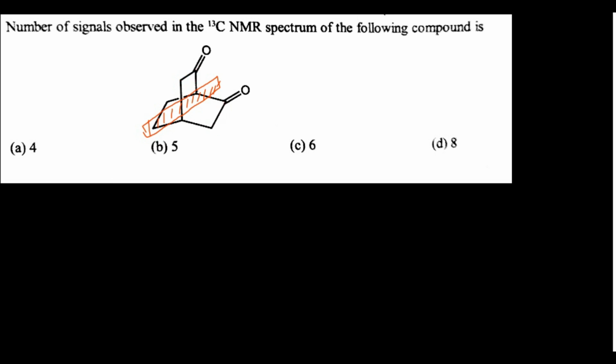So what you can do is simply mark them. If you mark this carbonyl carbon as 1, then automatically this would also be 1, because they are of the same kind. If you mark this as 2, then this would also be 2. But in the rest of the part you will not find a mirror plane due to the presence of these two groups.